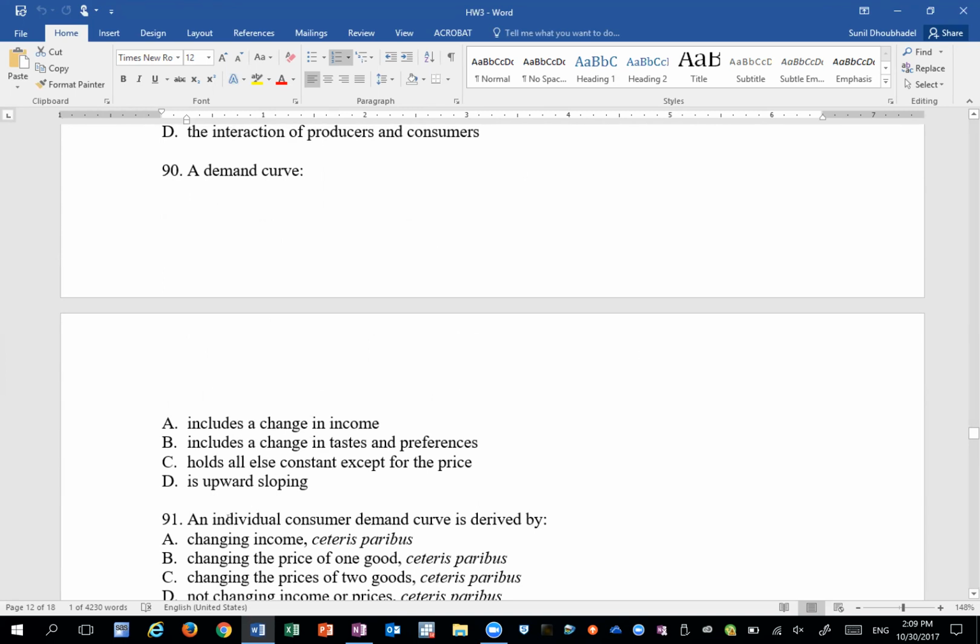It holds all else constant except price. So when you change price, whatever quantities are demanded give the demand curve, and you are holding all others constant.